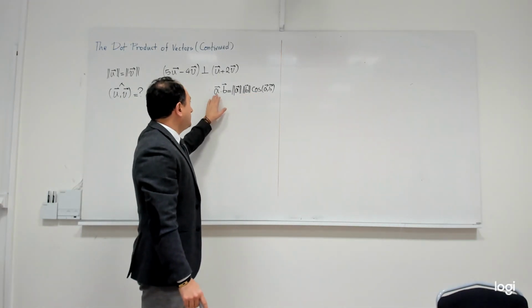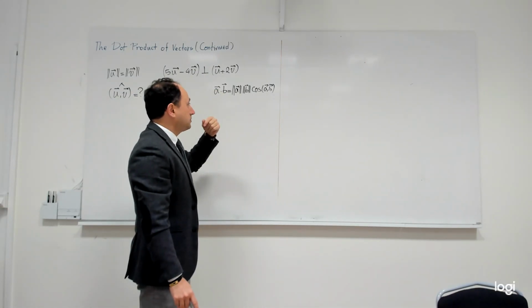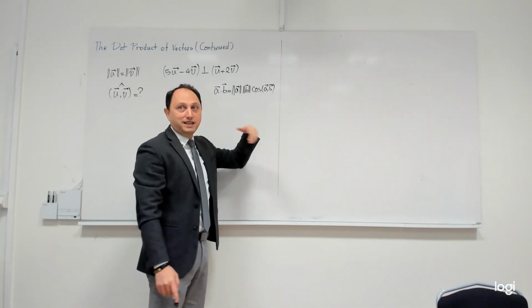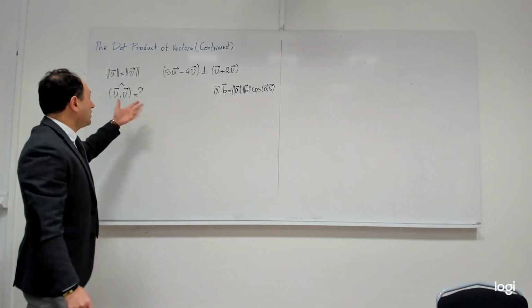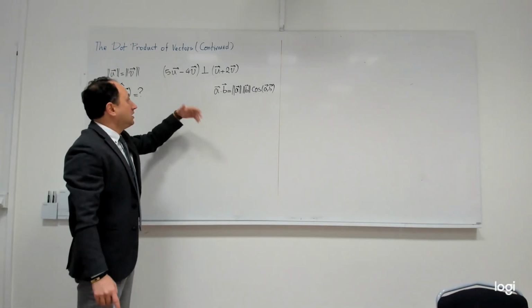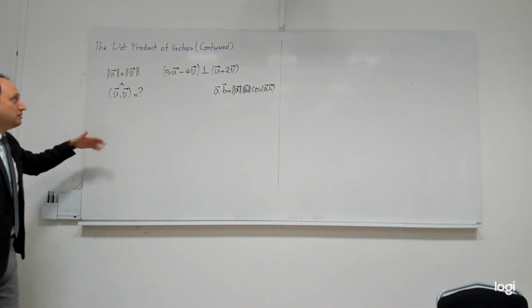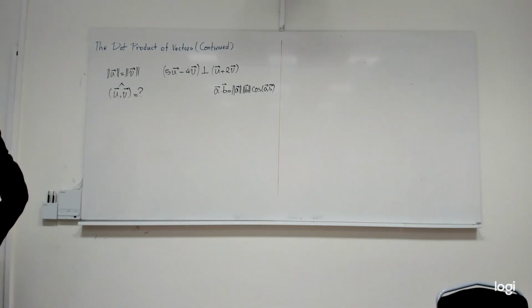But if I tell you that A and B are non-zero vectors, then there is only one possibility left, and that is that the cosine equals 0, and this means that the angle is 90 degrees, yes? So whenever we want to talk about perpendicularity of two vectors, you might remind yourself about the dot product, even though in the question they haven't asked you to do it directly.